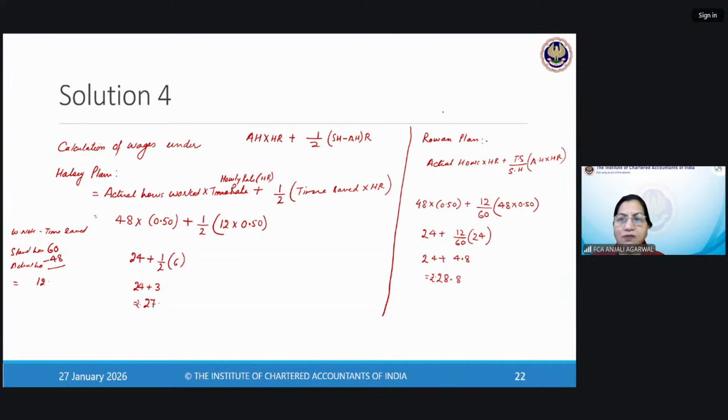Whereas under Rowan plan it is actual hours into hourly rate plus time saved, which is standard hours minus actual hours, upon standard hours, and this is applied to actual hours into rate. So you will see that this is common for both. If we eliminate the basic time, the only difference is created because of this.